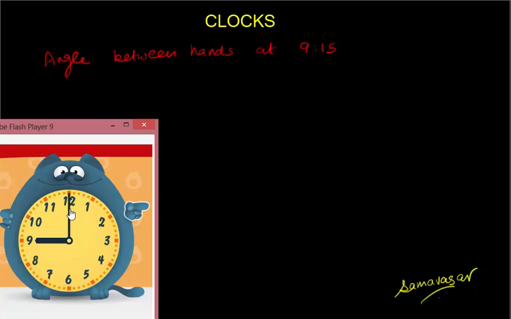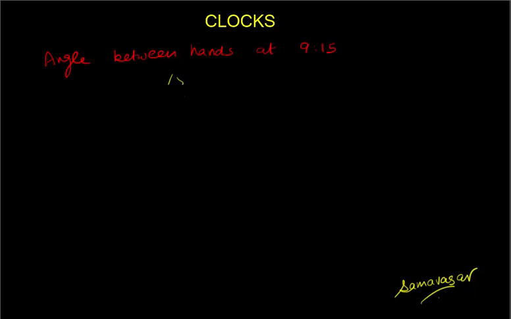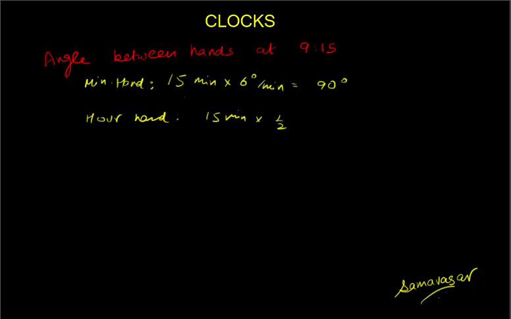How much has the minute hand traveled? It is 15 minutes into 6 degrees per minute, which is equal to 90 degrees. This is the minute hand. What has the hour hand done in the meanwhile? Again 15 minutes into half a degree per minute, which is equal to 7.5 degrees.